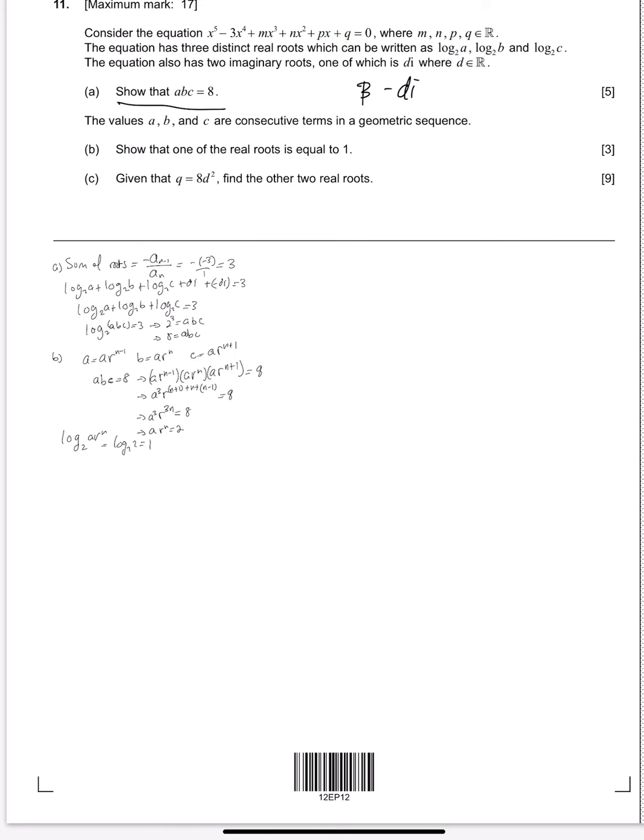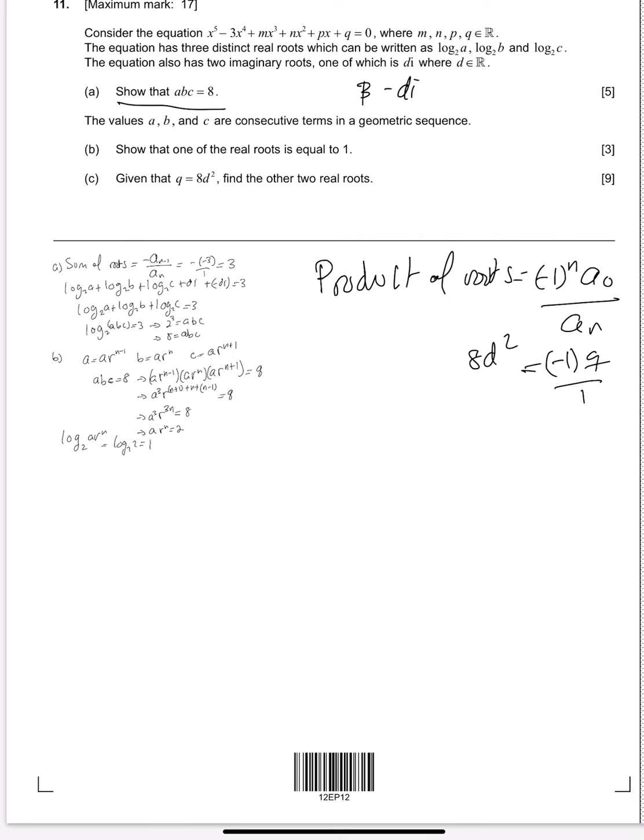And the rule for the product is minus 1 to the power of n times a sub 0 over a sub n, and a sub n right there is 1. So minus 1 to the 5, q over 1. And that's the product of the roots, and we're told it's equal to 8d squared.